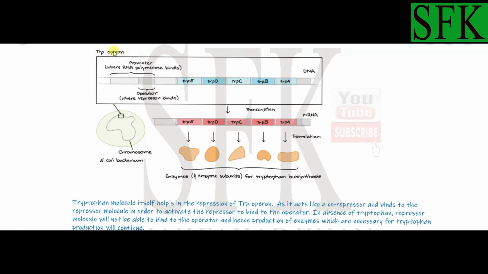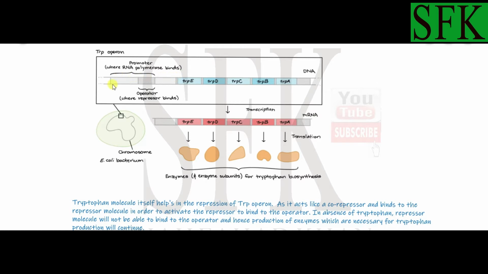Trp is from tryptophan amino acid, and the operon is that functional unit of DNA that regulates the genes which are involved in the production of those enzymes or enzyme subunits involved in the biosynthesis of tryptophan.